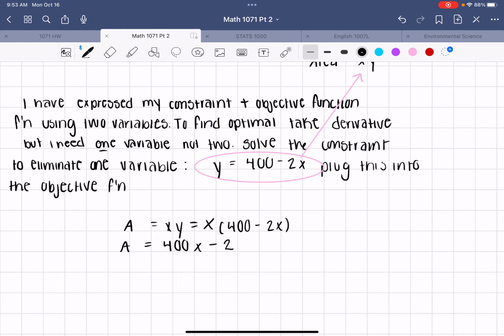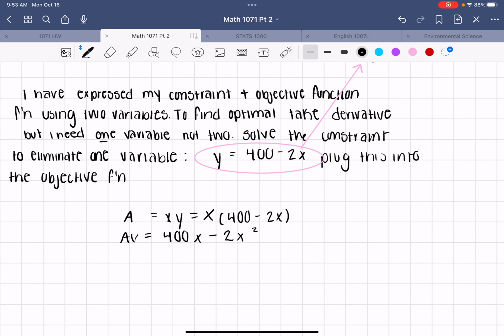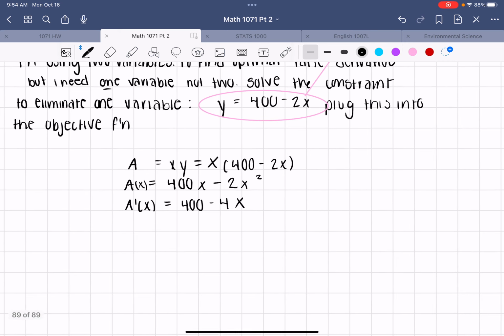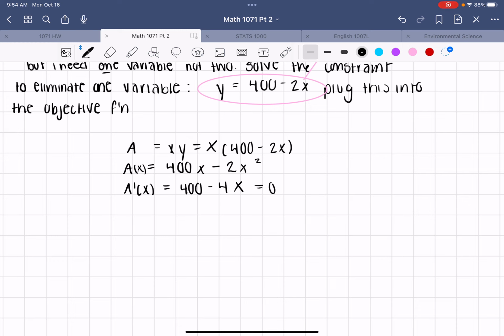So max at x equals 100, and the only other thing left to do, what is the y? You need the dimensions. y is 400 minus 2x. y is 200. So if these are your constraints, your parking lot needs to be built with a width of 100 and a length of 200. Okay?